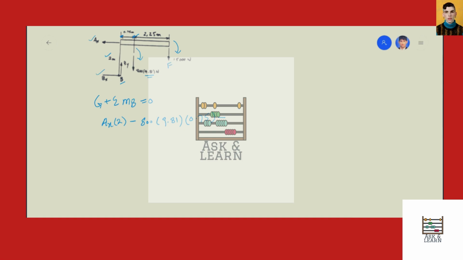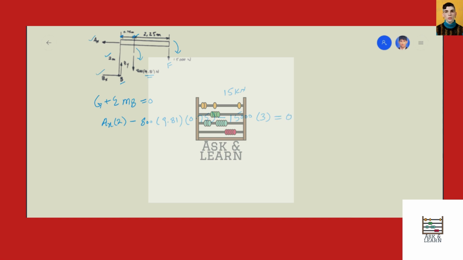Times the distance between these two, which is 0.75 plus 2.25, which is 3. So this is 3, which is equal to 0.